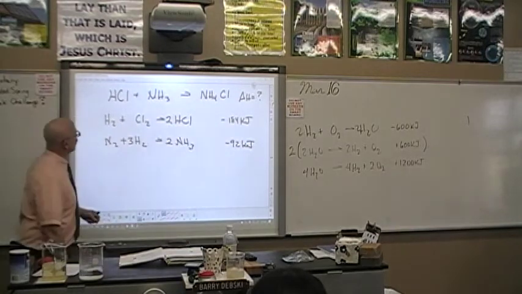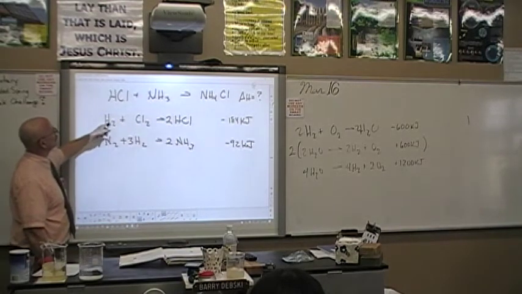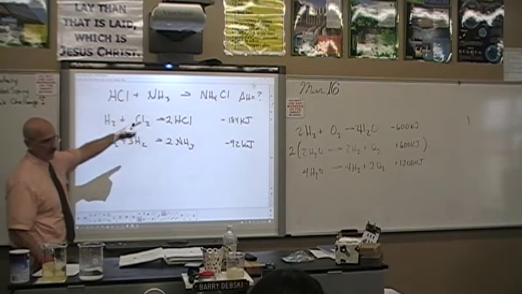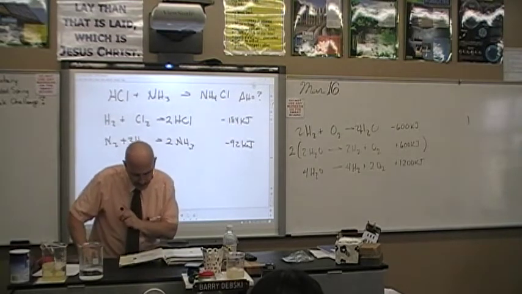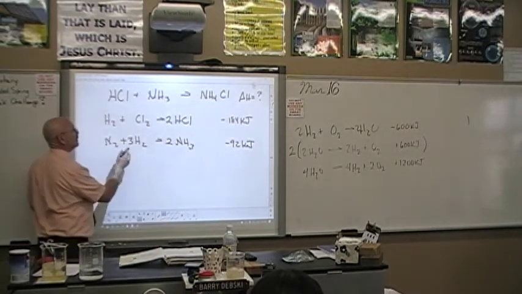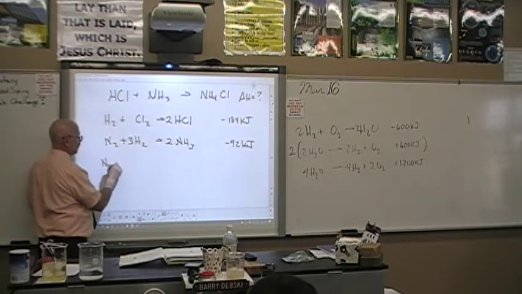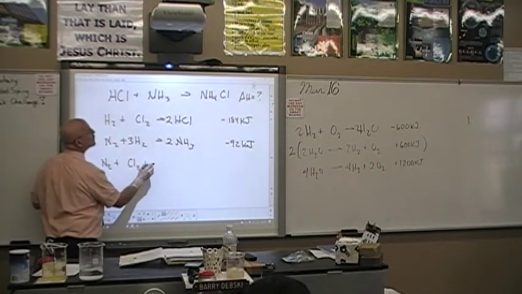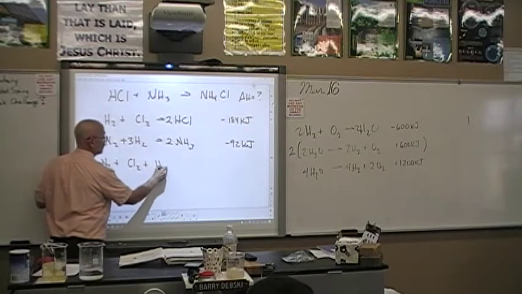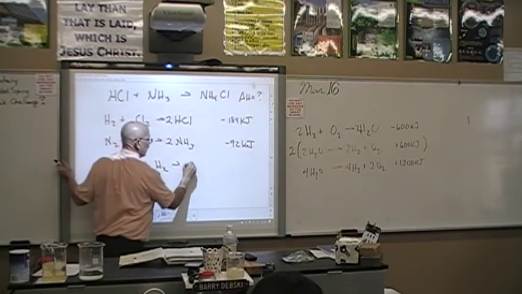And the third one: there's ammonia, here's hydrochloric acid. How about NH4Cl, how do I get that? Well, they actually give me a synthesis reaction for this one. Nitrogen plus chlorine plus hydrogen produces NH4Cl.